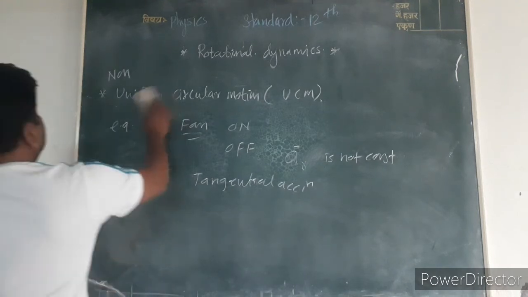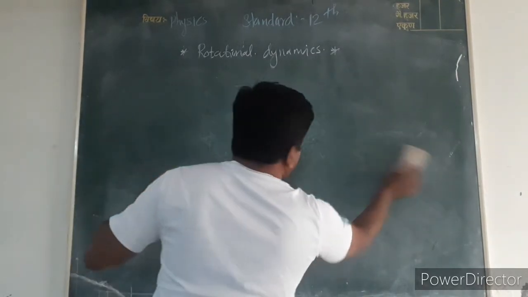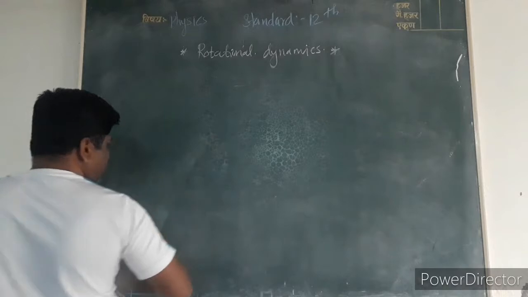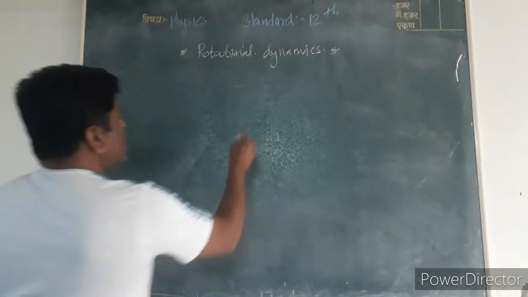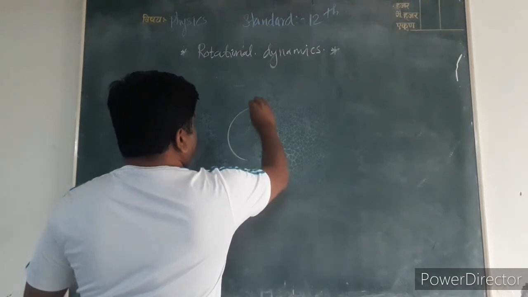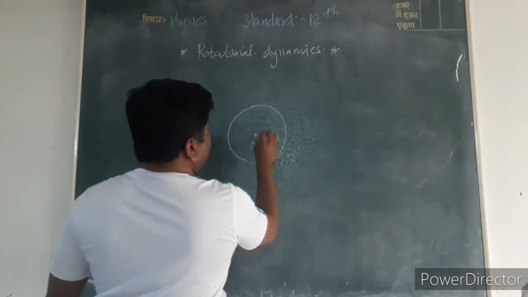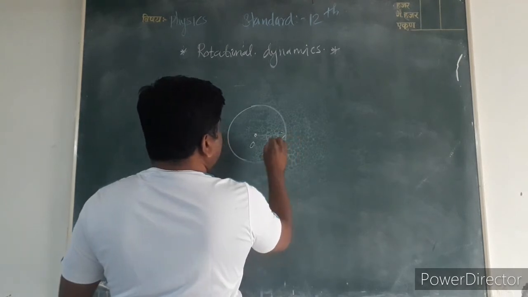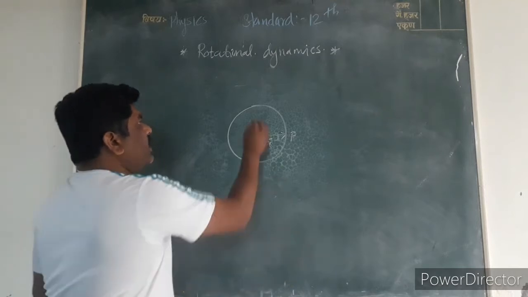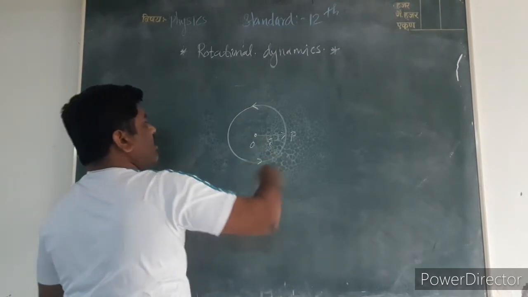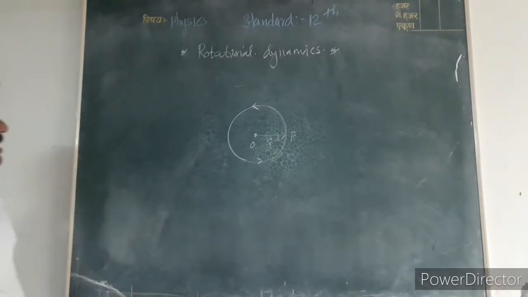Now there are two forces responsible for circular motion. Suppose this is the center O, radius r, and suppose this is the particle, and this particle revolves around the circumference of the circle in an anti-clockwise direction.